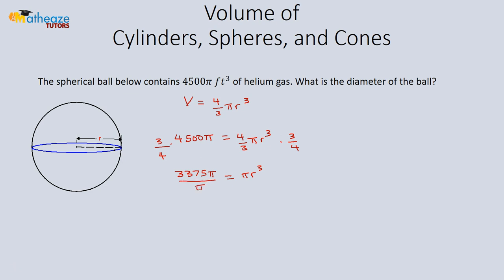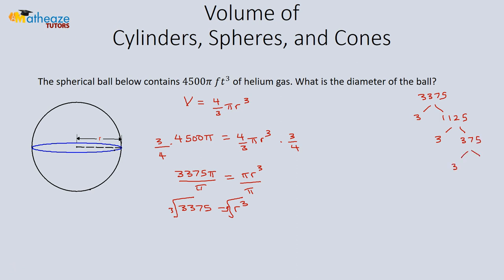We can divide by pi to get rid of it. So 3375 is equal to r cubed. So let's see if we can simplify that. Let's use our factor trees, or you can use your calculators for this. What we're going to do now is find the cube root of both sides. So we have 3 and then 1125. We decompose 1125, we have 3 and 375.